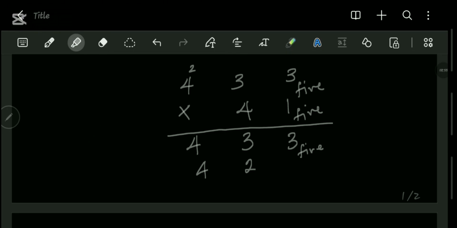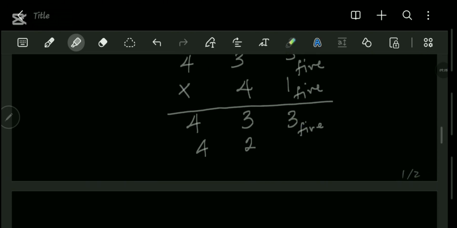So from here we can see that 4 multiplies 4. This one multiplies 4 to give us 16, and 16 plus 2, that's 18. And I can't write 18 here, so I'm having 18 minus 5, that's 13. And 13 minus 5, that's 8, right? Let me write this properly.